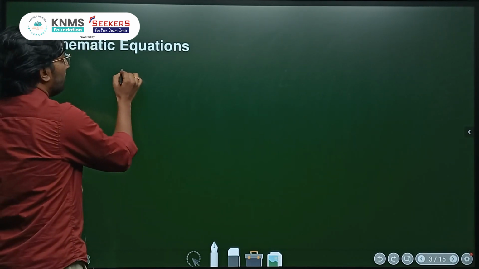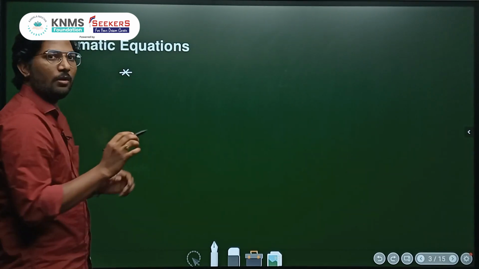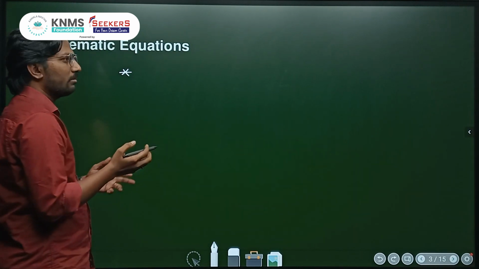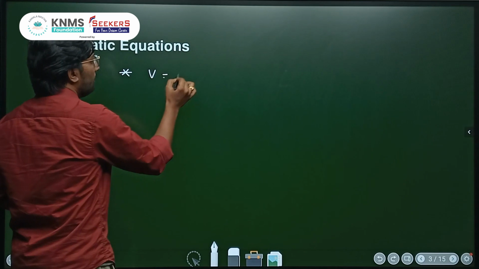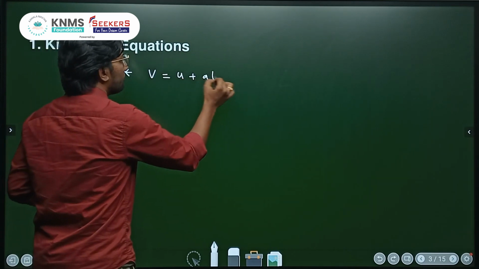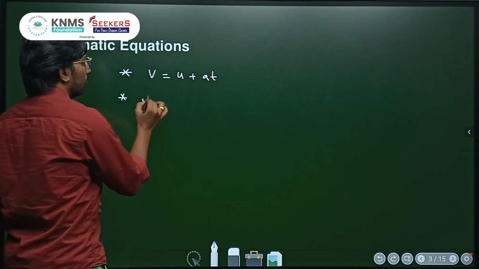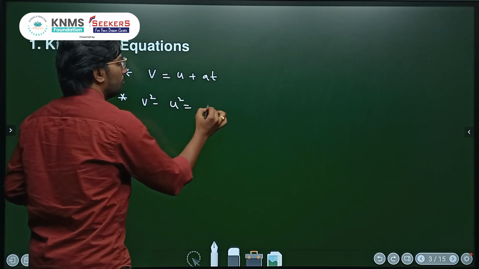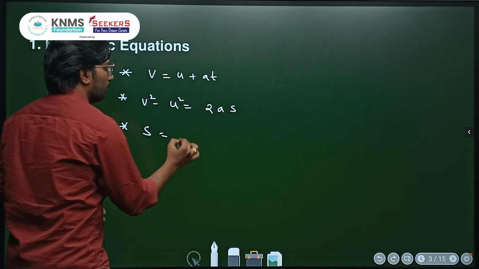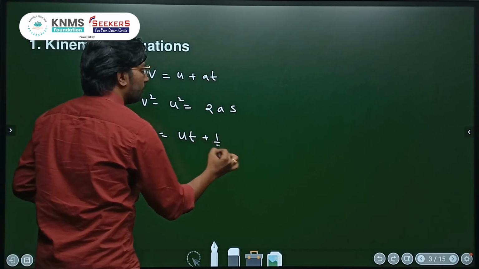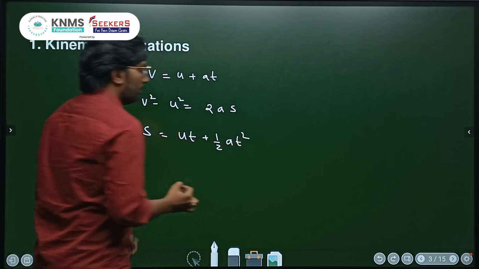So there are three kinematic equations for us. We all have been knowing this from maybe 9th standard onwards. One is v = u + at. Next, v² − u² = 2as, and then s = ut + ½at².